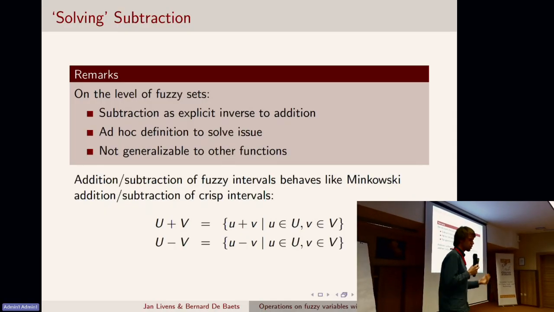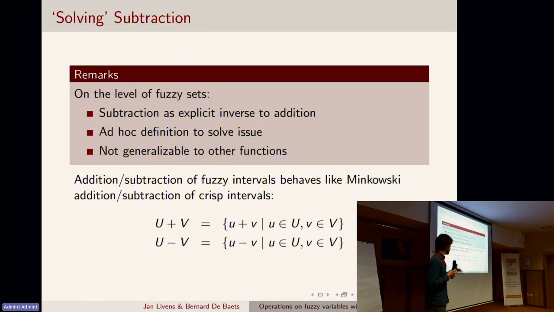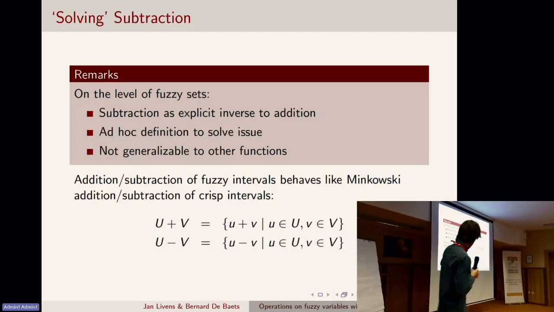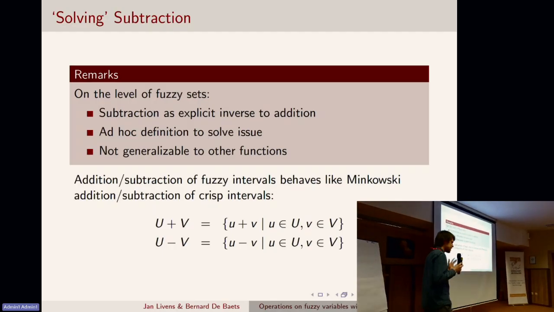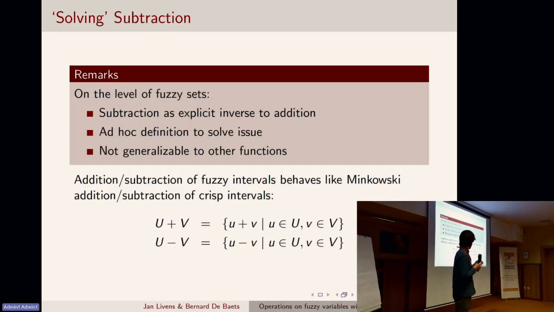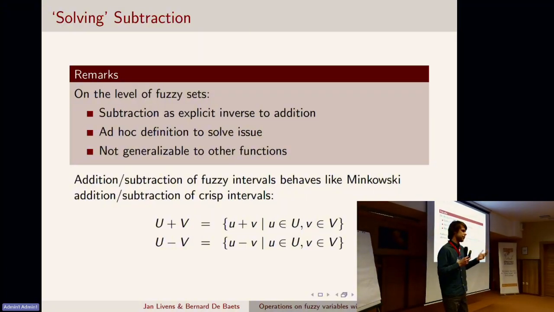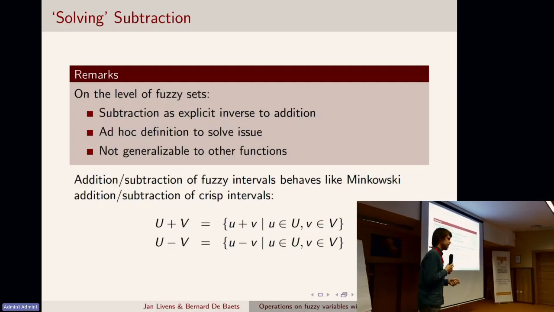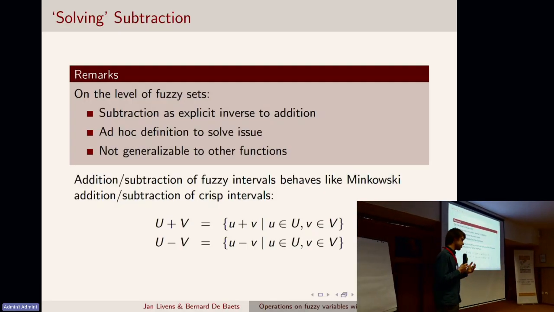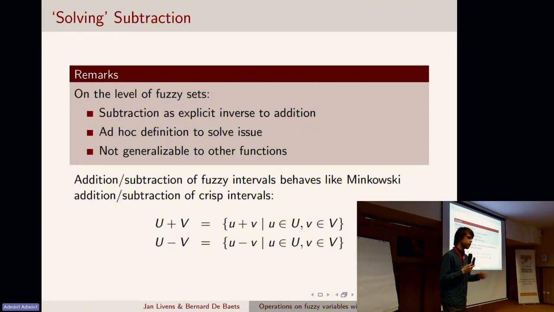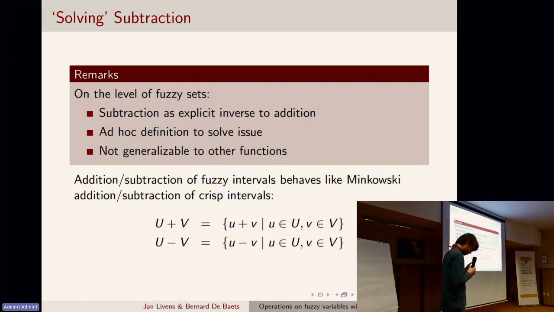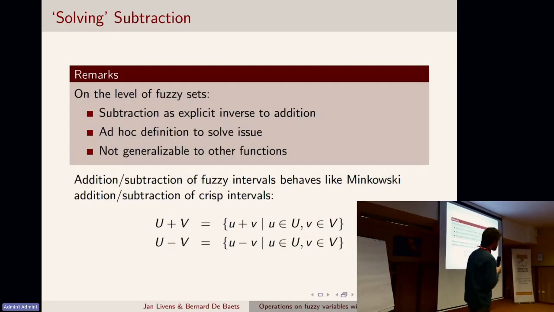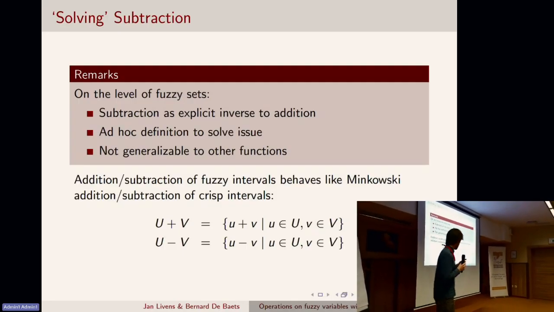While the original subtraction was on the level of real numbers, now we have defined it on the level of fuzzy sets, which yields an ad hoc definition to solve the issue we noticed. And also, these formulas aren't generalizable to other functions. We can't expect to build these definitions for every possible function. So these remarks indicate there might be an issue in the way we're doing things.